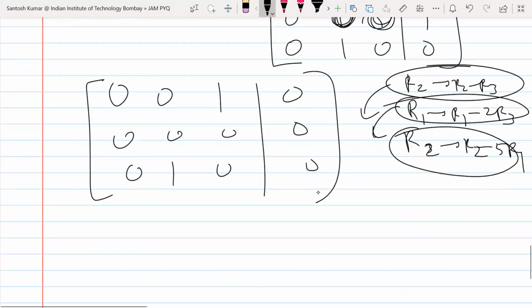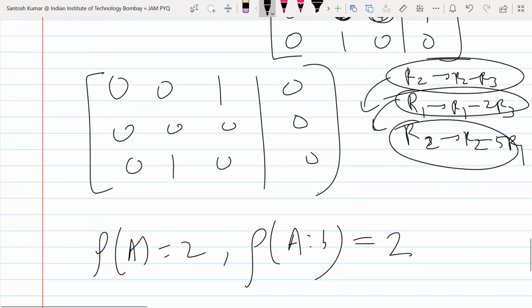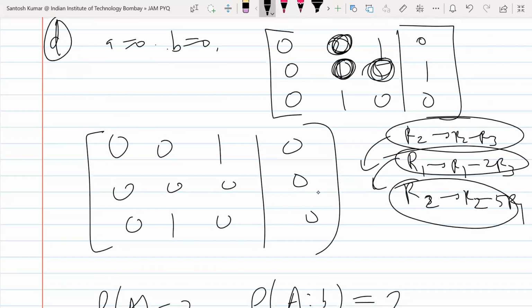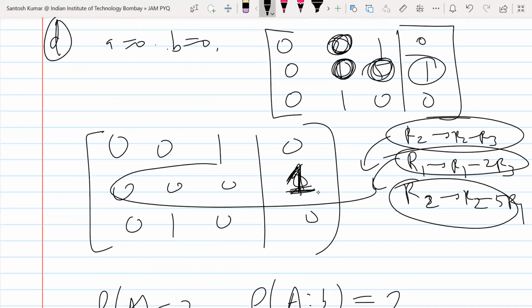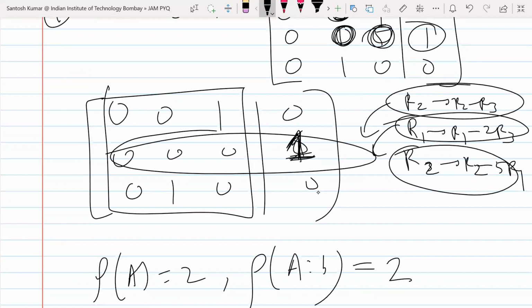So you can see the rank of A alone is 2, the number of non-zero rows. For the augmented matrix, one minute, sorry, I made a mistake. Here it is 1, so I should write 1 here. Since this row becomes non-zero when we consider the augmented matrix, for A we see only this part, while for the augmented matrix we see the whole matrix.